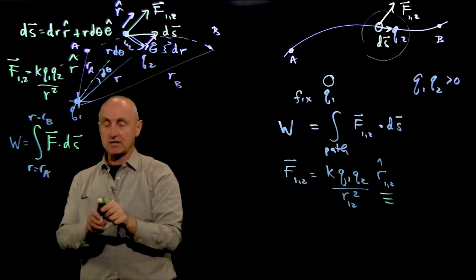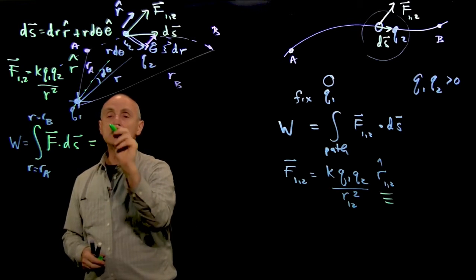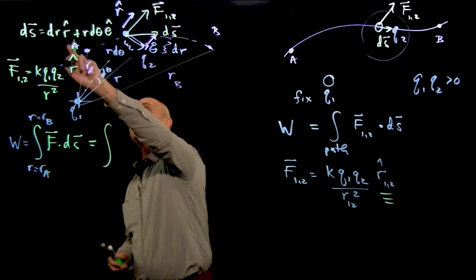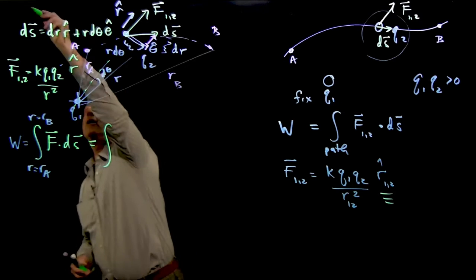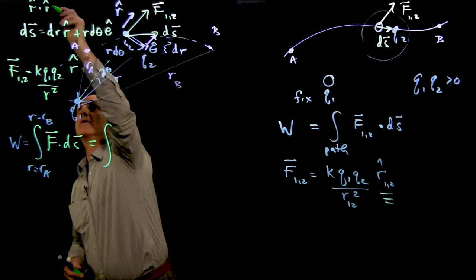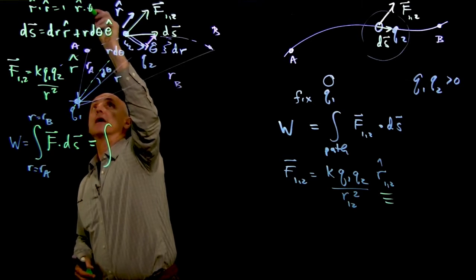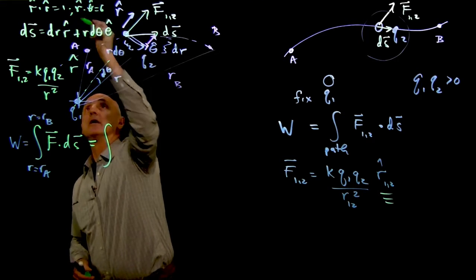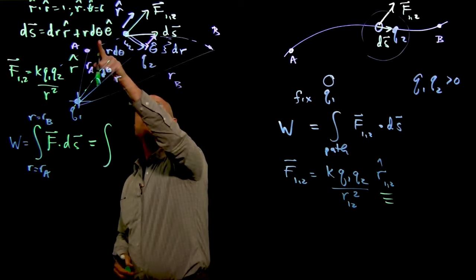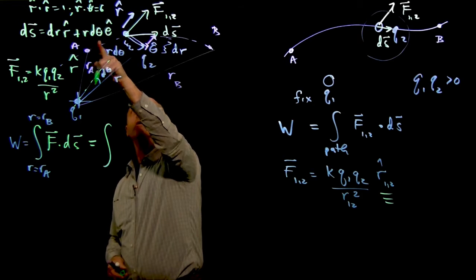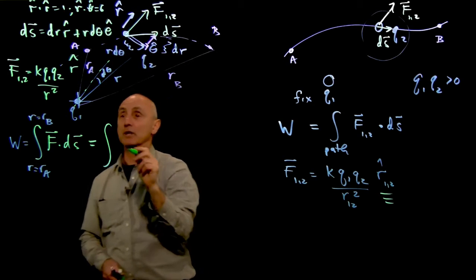Now here's the key step. When I take this dot product, r hat dot r hat is 1. Keep in mind, r hat dot r hat is 1, and r hat dot theta hat is 0. And so, as I said before, the tangential part doesn't matter. Only this radial displacement comes in.